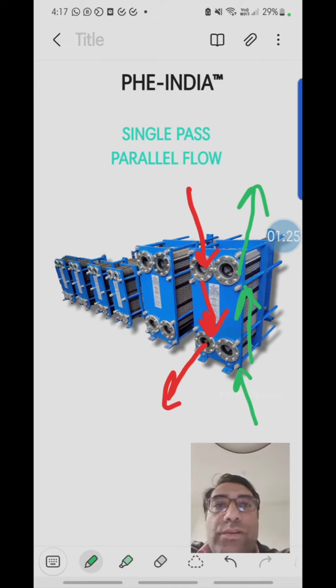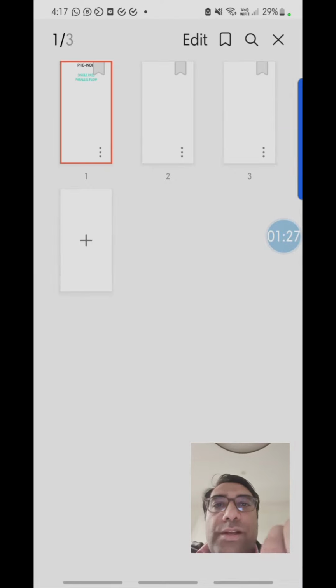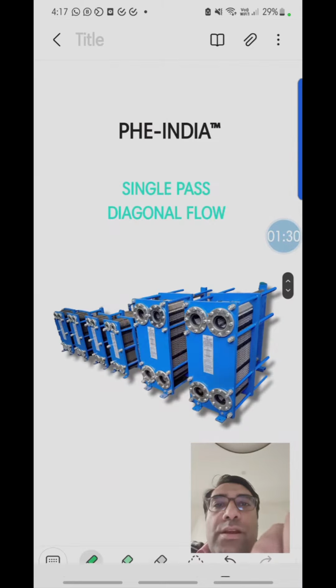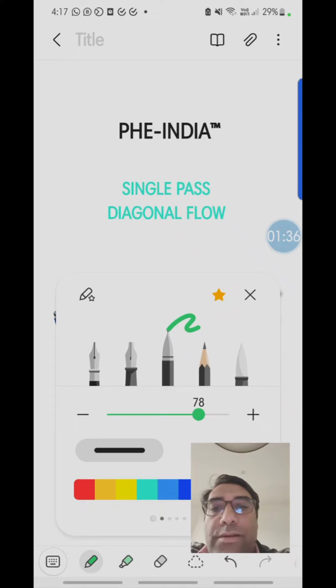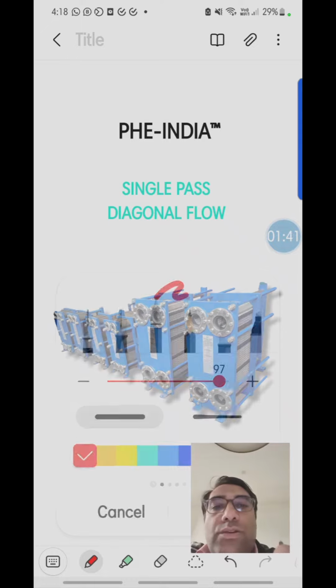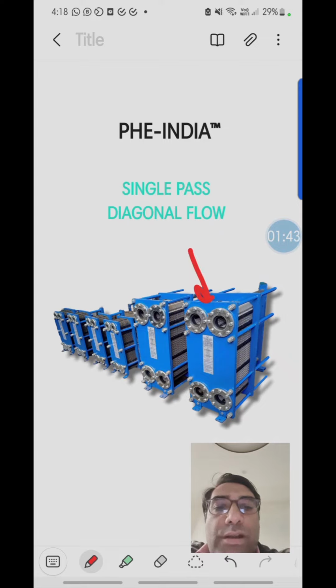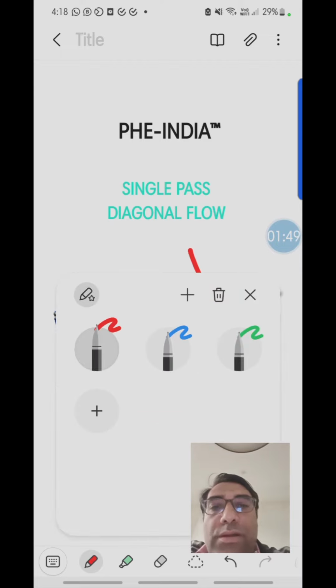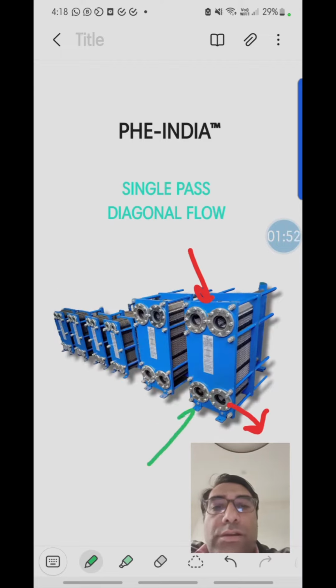Now we move on to the second configuration, which is the diagonal configuration. In the diagonal configuration, the primary liquid, the hot liquid, enters the top left, but it exits the bottom right, and the cold side liquid enters the bottom left and exits the top right.